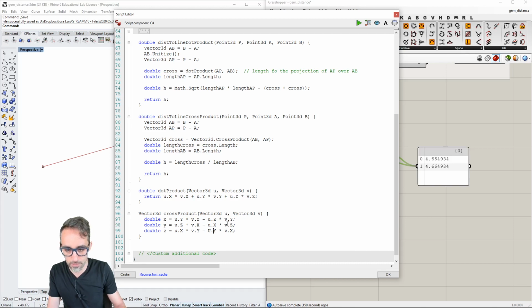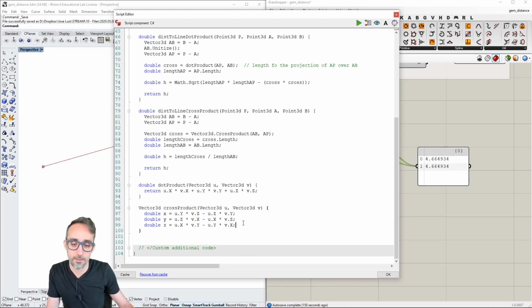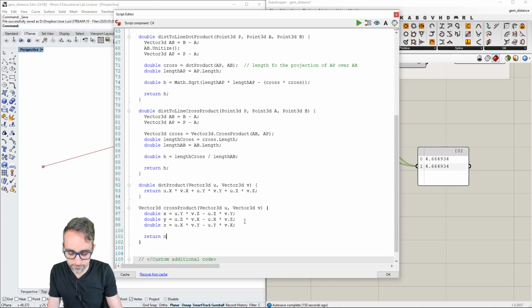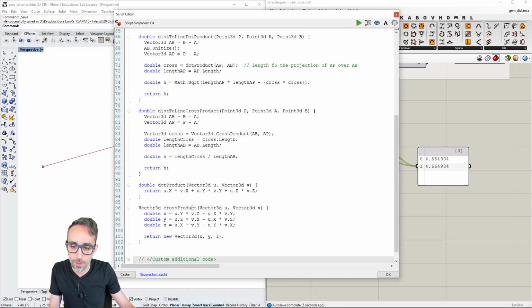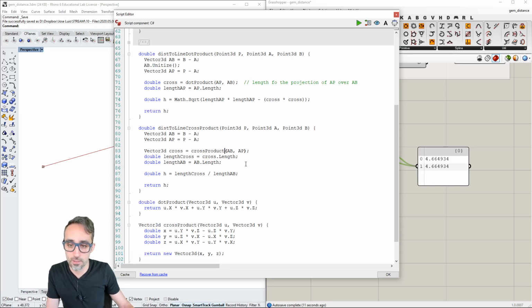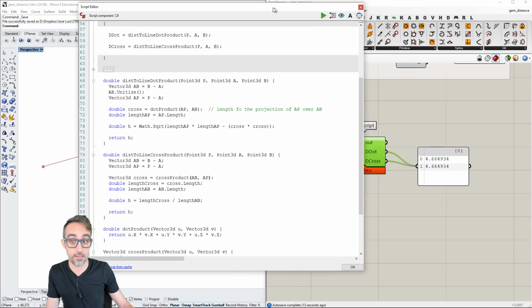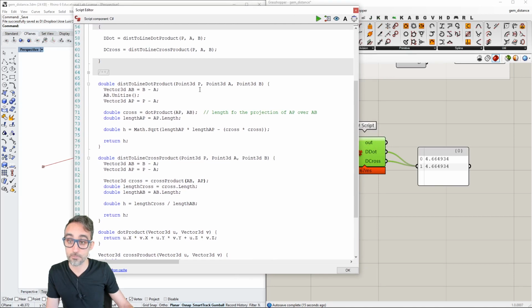I also got a typo here in u, and then I can just return a new Vector3D that has these components that I just calculated. Okay, this doesn't give me any error, and I'm going to now substitute this where I have cross products. So here with my own cross product implementation, and if I multiply this, there you go.